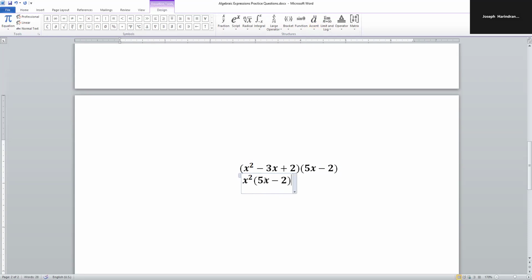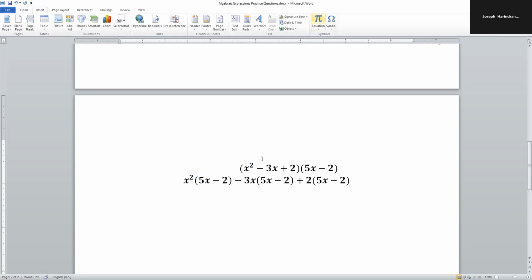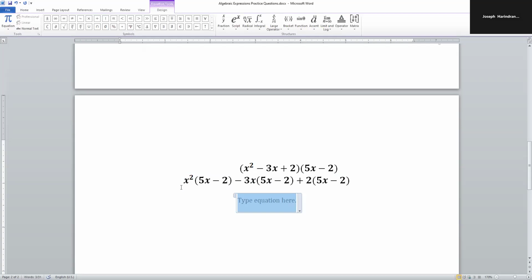We write it as 5x cubed, because x squared into x gives you x cubed. Minus 2x squared, so we get an x squared term here.